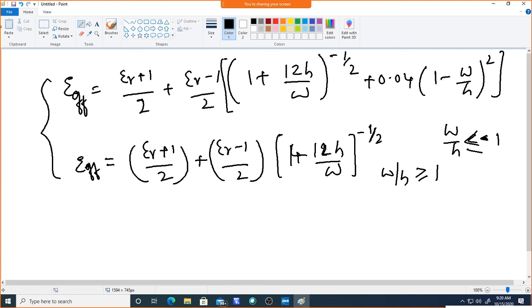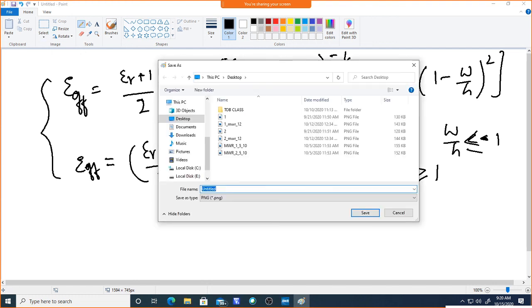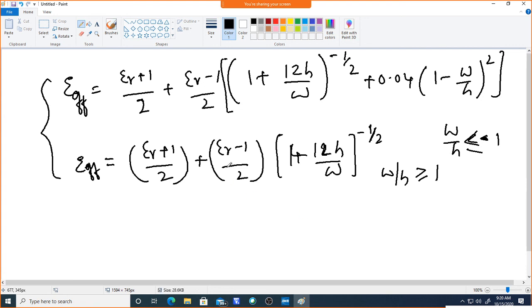Now, taking the same equations, whichever were already calculated in the document given by the madam, the same will be used.